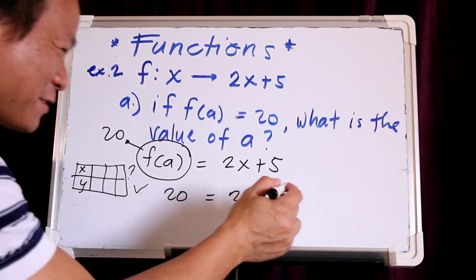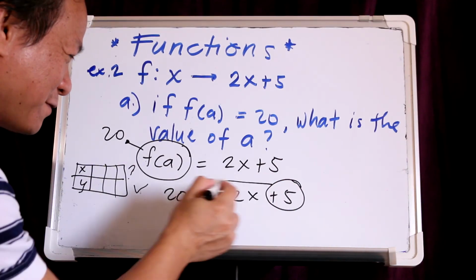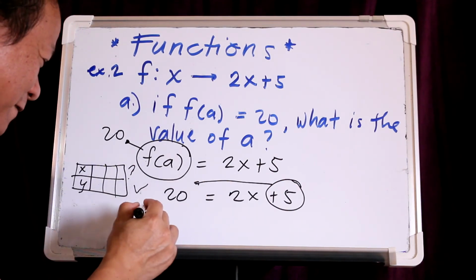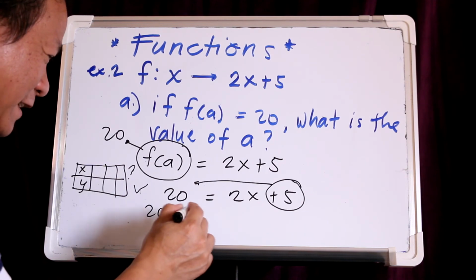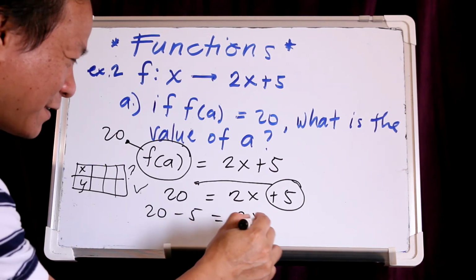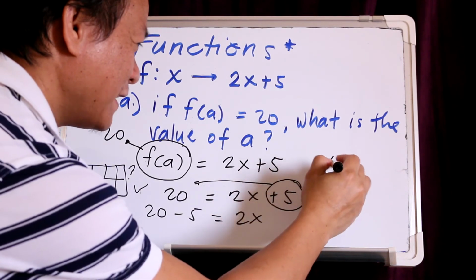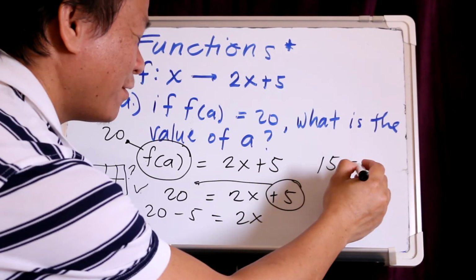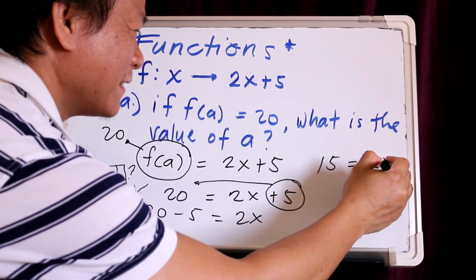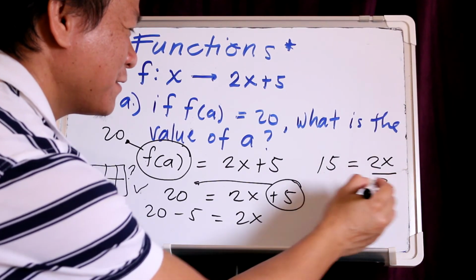Okay, so we transfer now, or transpose 5. You are going to have 20 minus 5, then 2x. So you have 15 equals 2x. Then you have to divide it with 2.